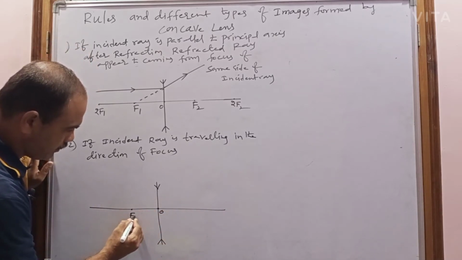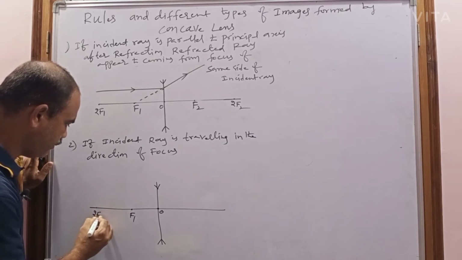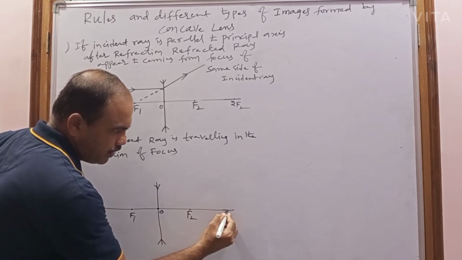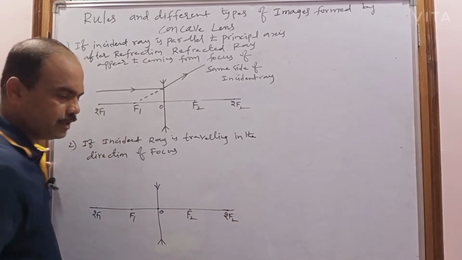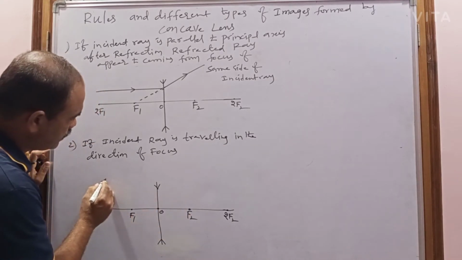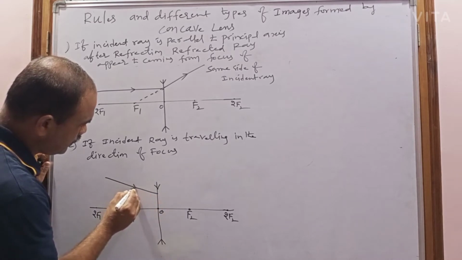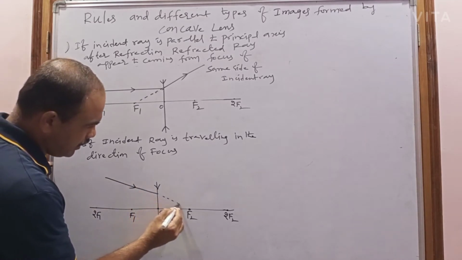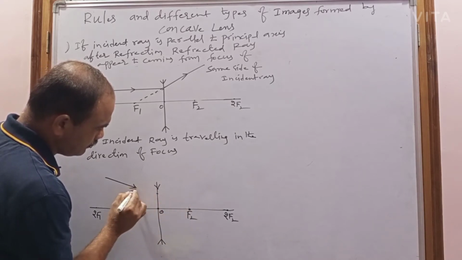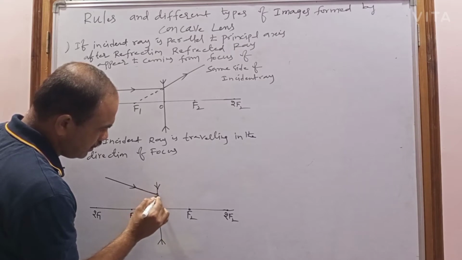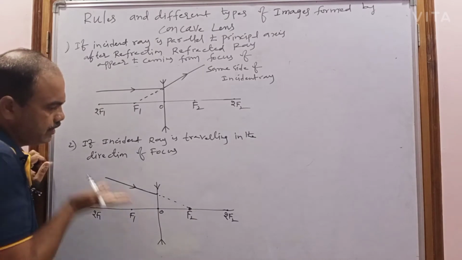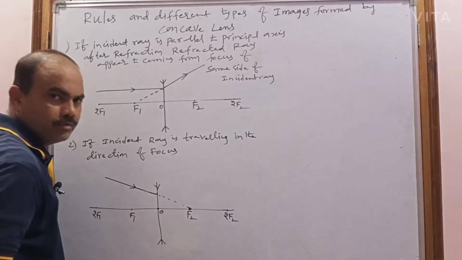This is the first focus, and this is the second focal point F2 and 2F2, the second center of curvature. Now consider this is the incident ray, traveling in the direction of the focus.